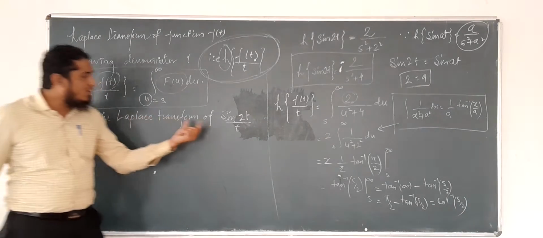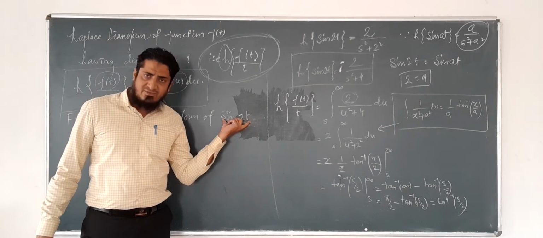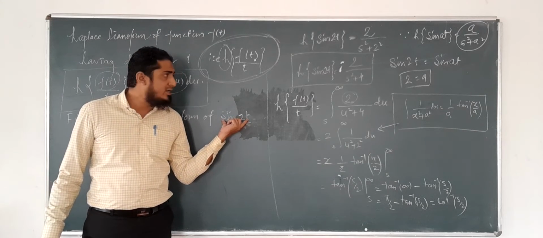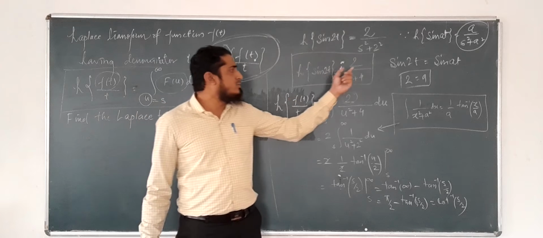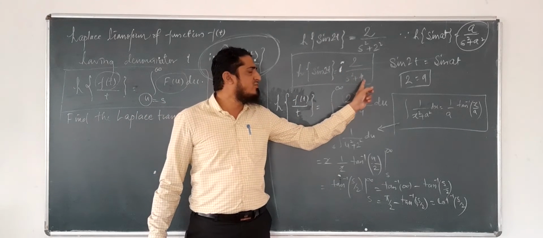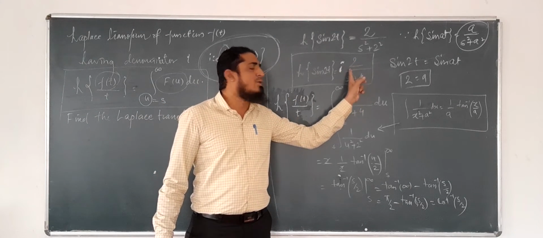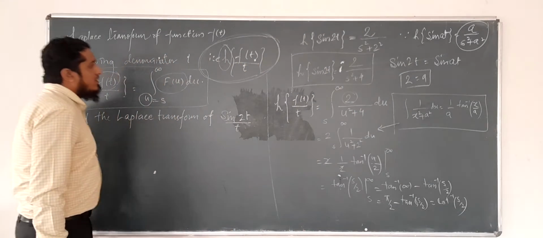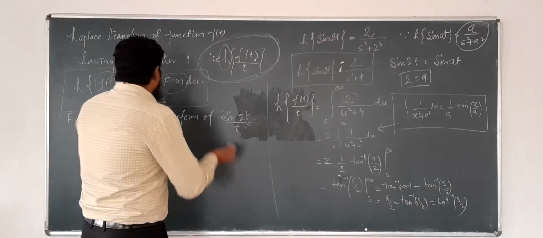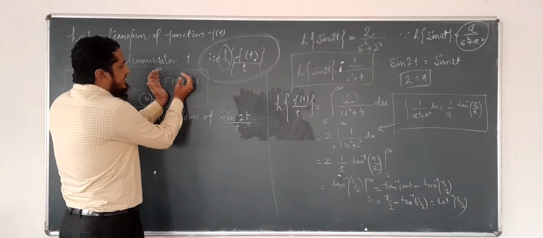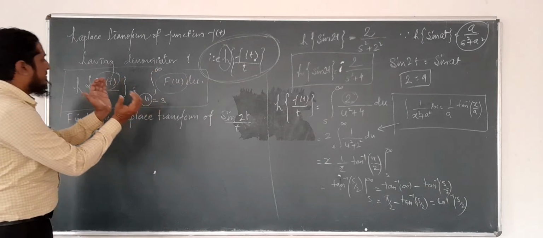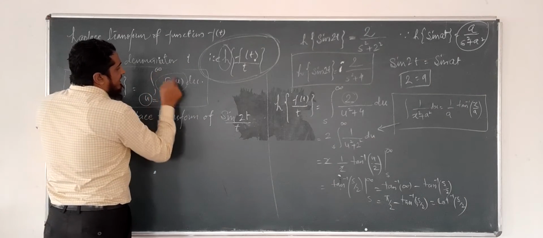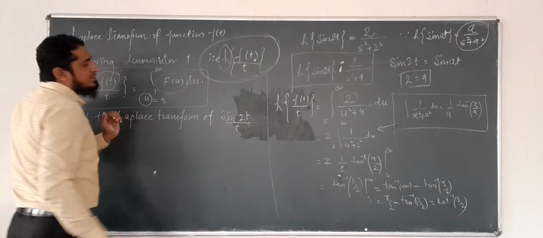So we have calculated the Laplace transform of sin 2t, and we will get 2 upon s square plus 4, or we can say 2 upon s square plus 2 square. Correct? Now we have the value of F of u. Correct? But we have to apply the integration from s to infinity with respect to u.